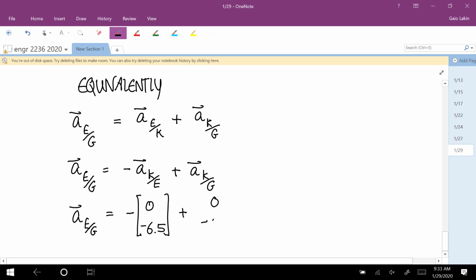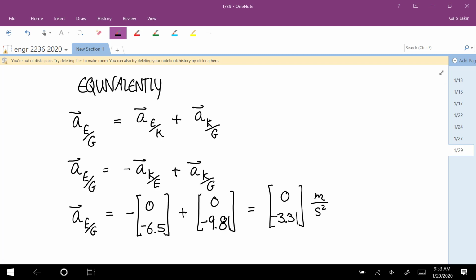So 0, negative 9.81. And you get the same thing again. Any questions about that?